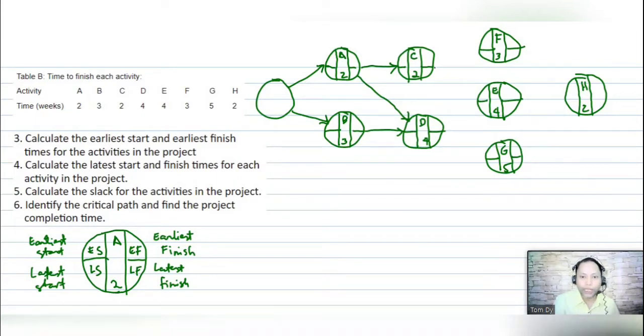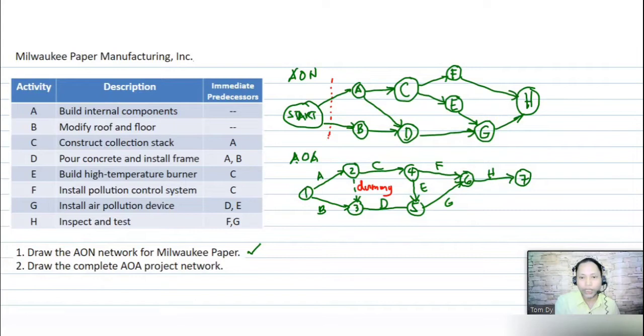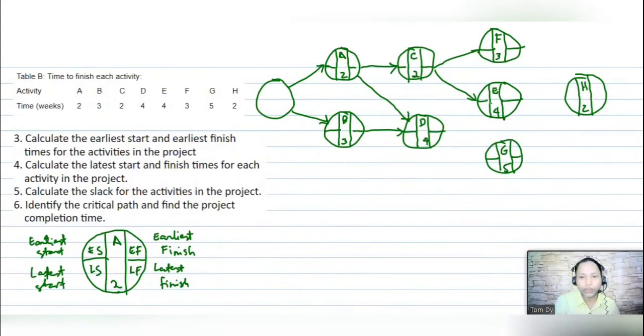And then we will connect our arrow to F, to E. Okay, C, E. And then this is D, G. Let me check first. D, E connected to G. So we have this one connected to G, we have this one connected to G, and then we have this one connected to H. Okay.